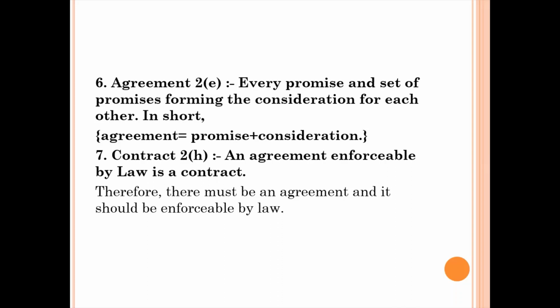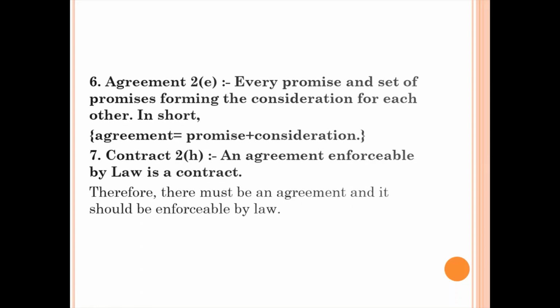The next one is contract, under section 2H. An agreement enforceable by law is a contract. Clear? Every agreement is not a contract, but an agreement enforceable by law is a contract. Therefore, there must be an agreement and it should be enforceable by law to become a contract.